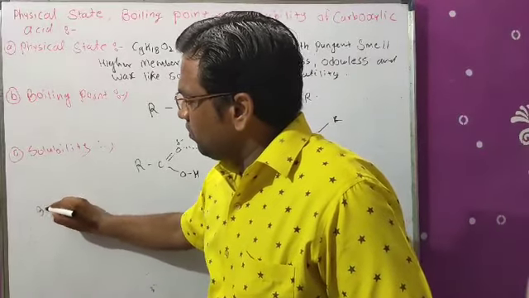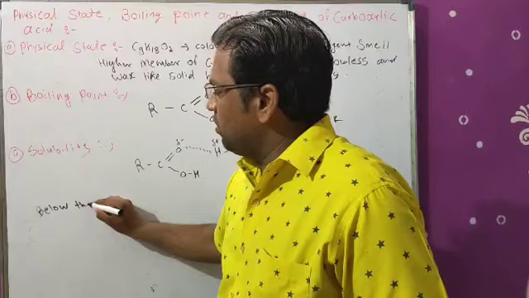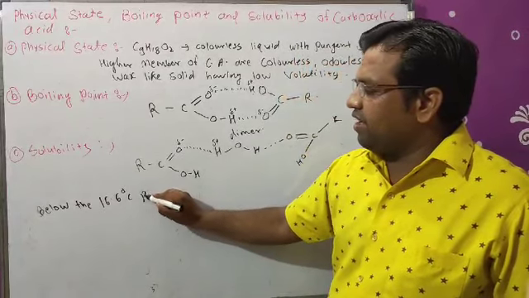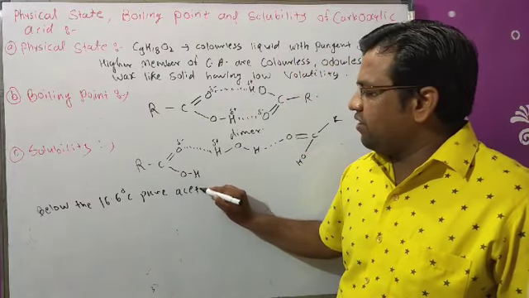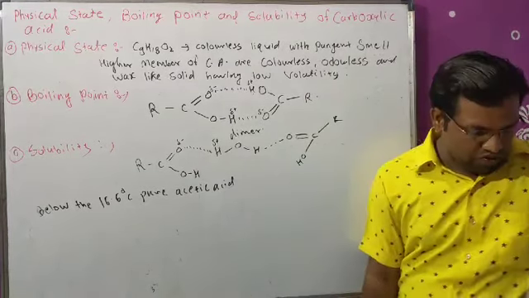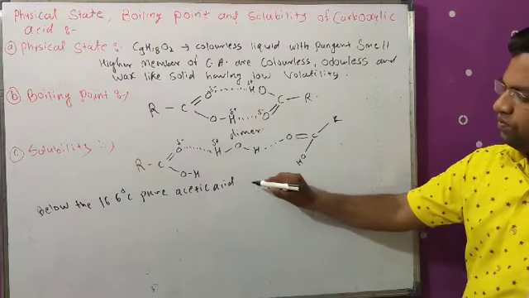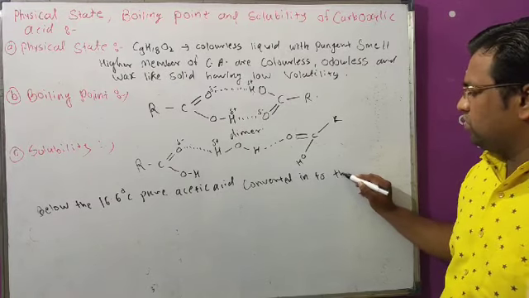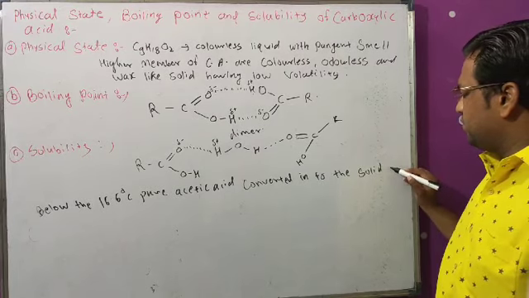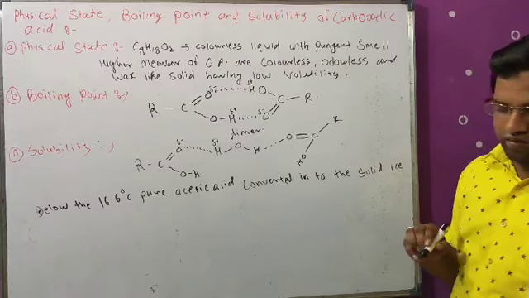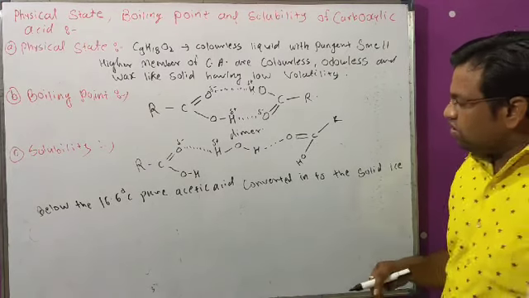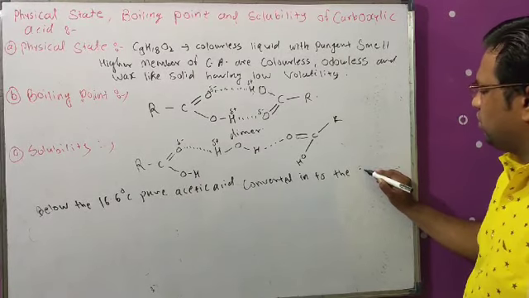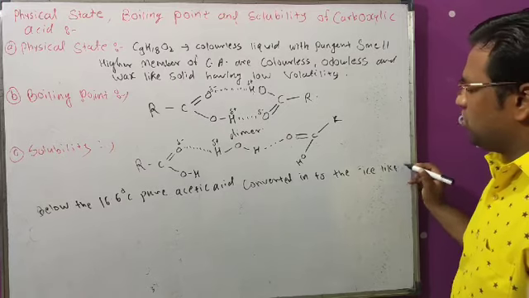And one important point is that below 16.6 degree Celsius, the pure acetic acid is converted into a solid, an ice like compound, that is, an ice like solid.